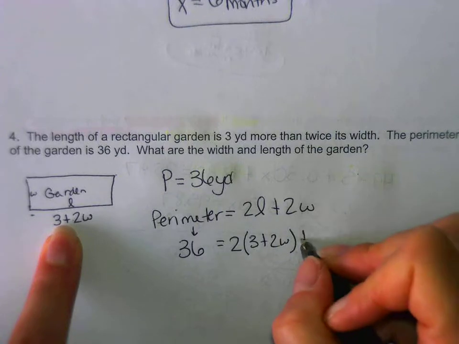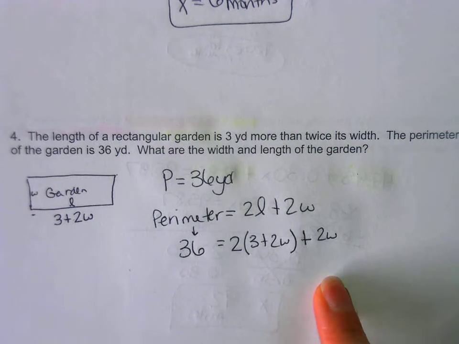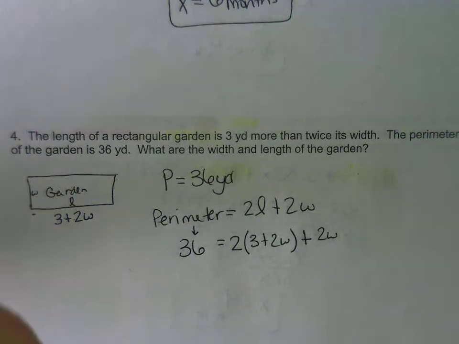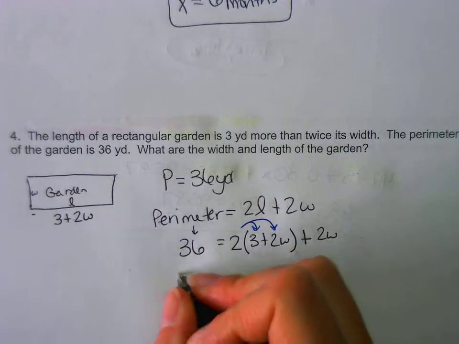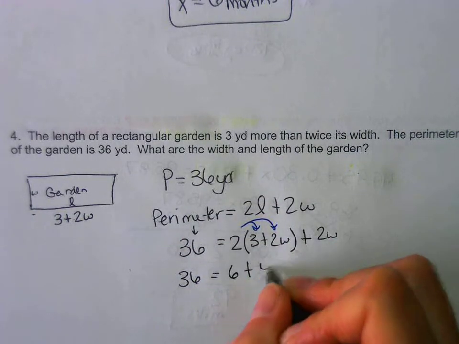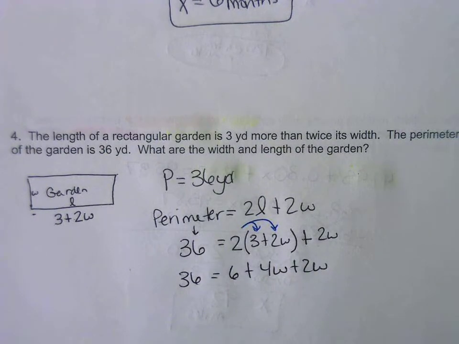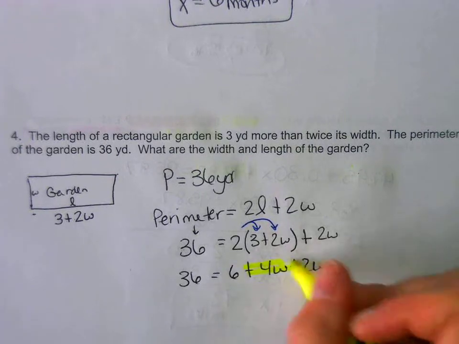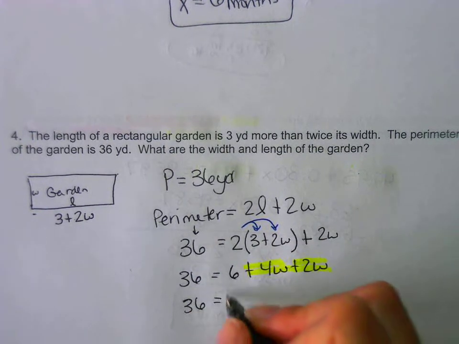And then I don't have anything to change with my width, so it's just going to say 2w. So now my first step is going to be to distribute my 2. So 36 equals 2 times 3 is 6, 2 times 2w is 4w, plus 2w. We have like terms on the right hand side. So 36 equals 6 plus 6w.